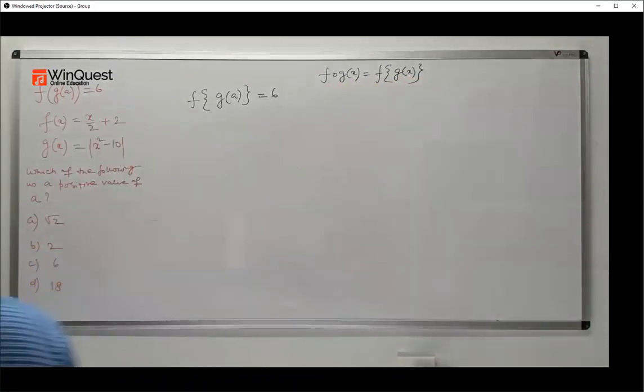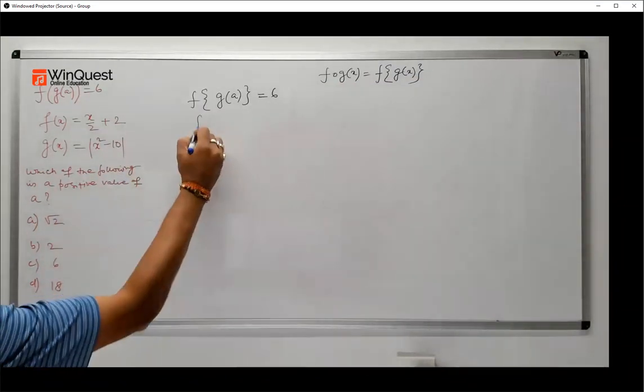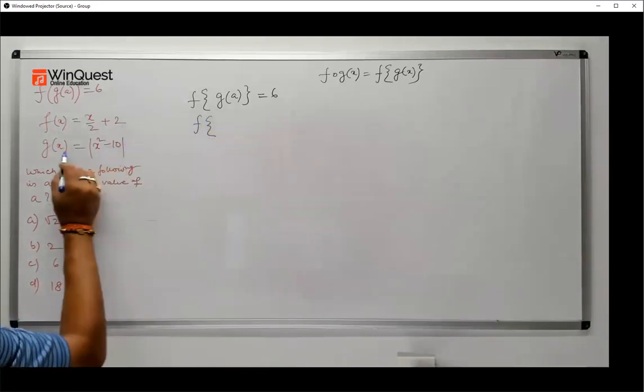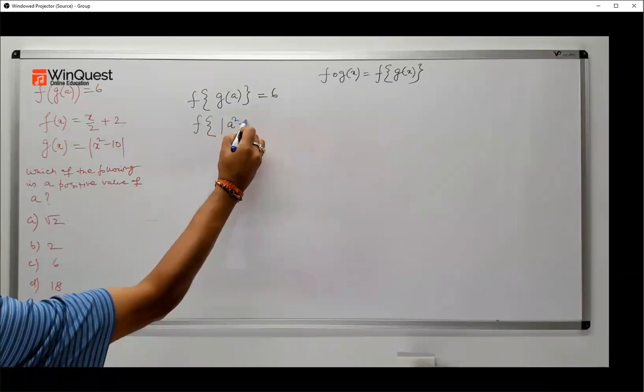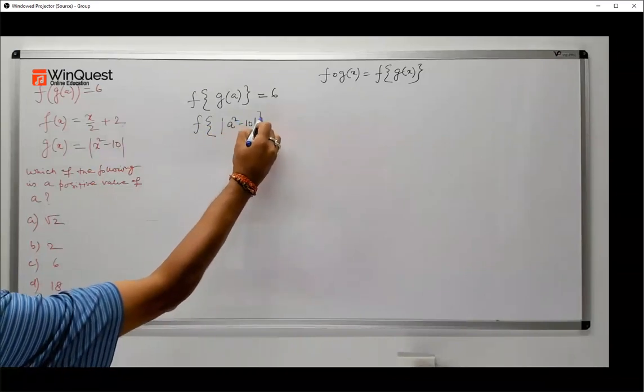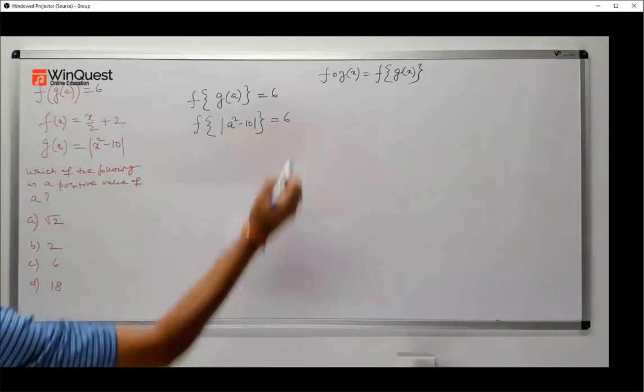This is the one. Exactly. Now I will first of all focus on g a. What is my g a? g a means mod of a square minus 10. Is it okay?